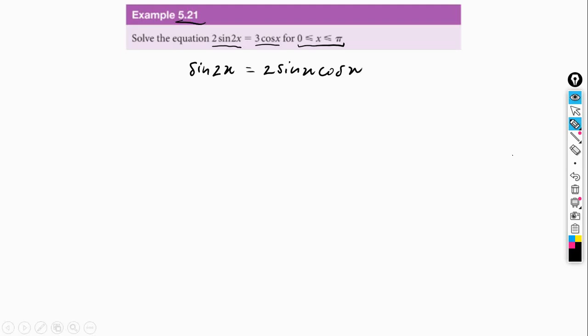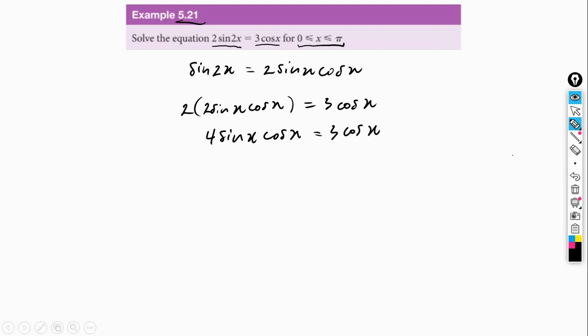So we can substitute that into the equation, and we're going to get 2 times 2 sine of x cosine of x is equal to 3 times cosine of x. And then we multiply this on the left-hand side, and this is going to be 4 times sine of x cosine of x is equal to 3 times cosine of x.